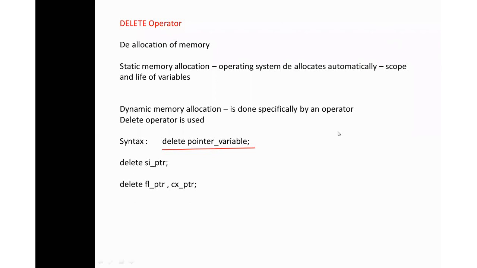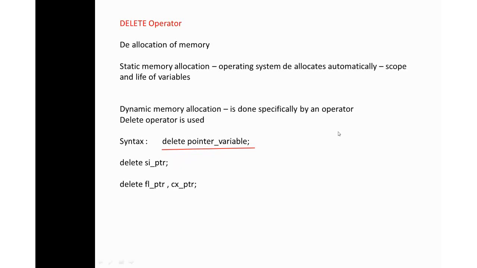Si underscore ptr, which was declared as a pointer variable, will be deleted from the memory. The space used by the dynamically allocated variable si will be deleted from the memory.